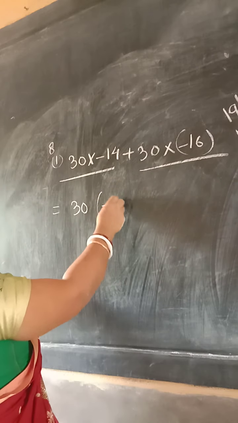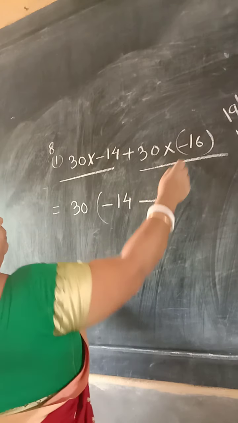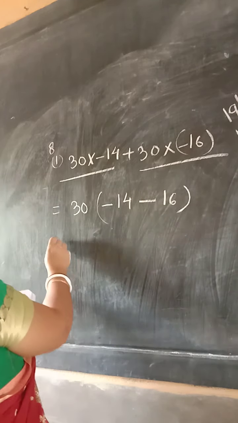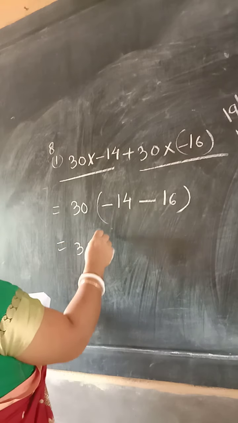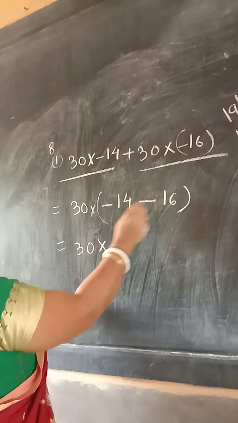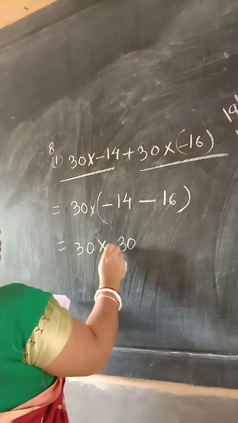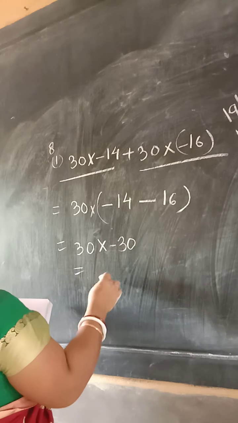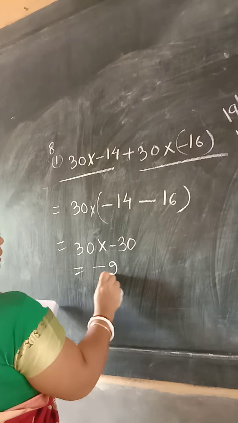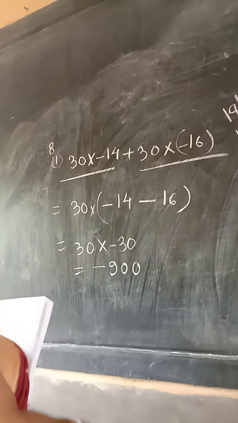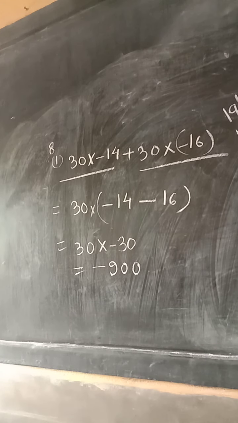What am I left with here? Minus 14, and here I am left with minus 16. So 30 is common, multiplied with minus 30. So the answer is minus 900. In this way we have to write. We have to take the numbers which are common, then we have to multiply.